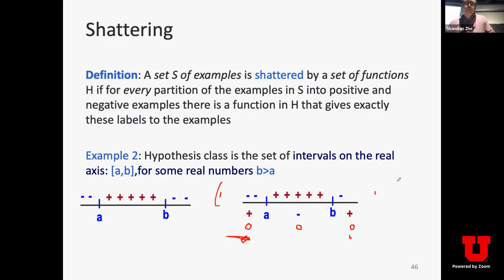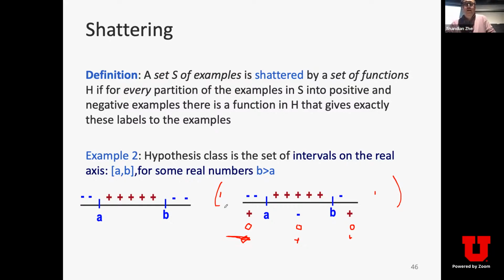That means the point in the middle must also be included in the interval, so it will be classified as positive. Unfortunately, it is labeled as negative. So you won't be able to correctly classify all 3 points, right?